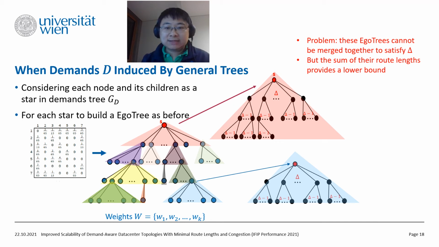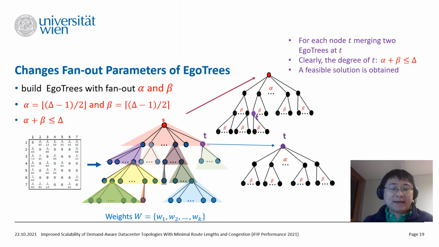But since each Ego tree is optimal for its star, the sum of these routing lengths can be used as a lower bound. In order to obtain a feasible solution by merging these Ego trees, we have to change the fan out.